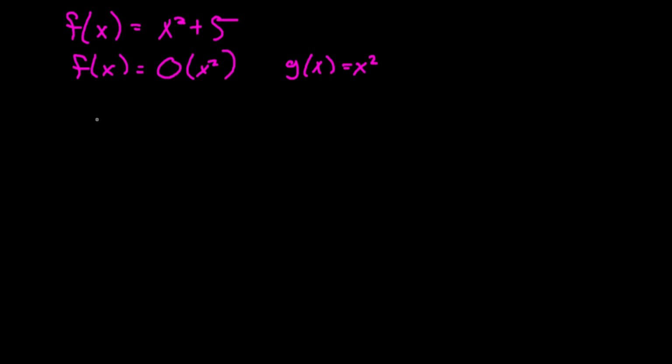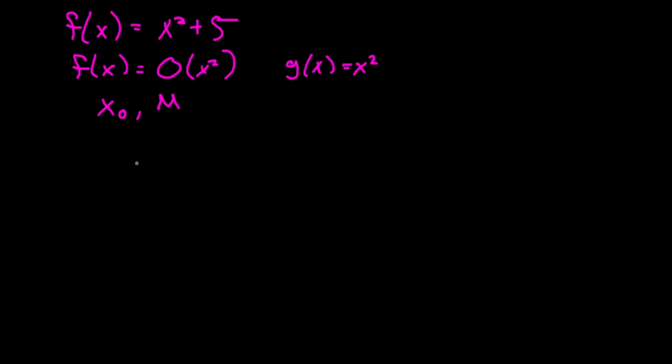Well, how do we show this? Well, we want to find our constants. Let's find our constants x0 and m such that our condition is satisfied. Now, we have two constants that we can choose, so that actually gives us a large amount of flexibility.